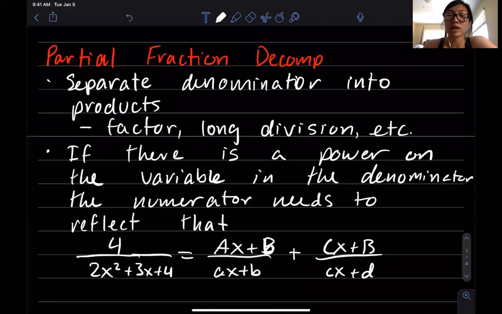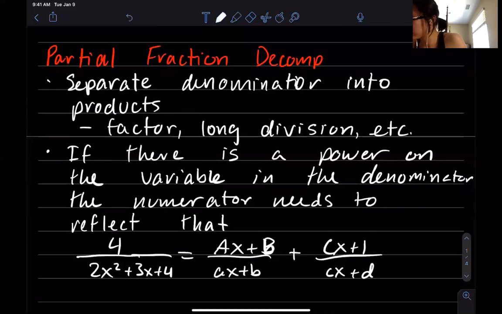So that's going to be like Ax plus B plus Cx plus B, or that should be a different letter actually. It should be something like Cx plus capital D, over the two things on the bottom that are going to be the factored form of this thing right here.